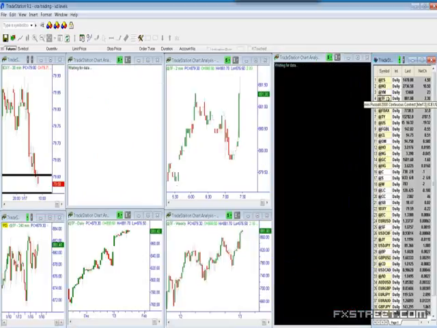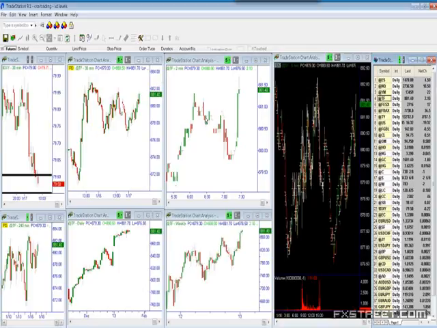And one more, the Russell, which interestingly did not really move much. This is the one that usually moves. That is not much of a move at all.